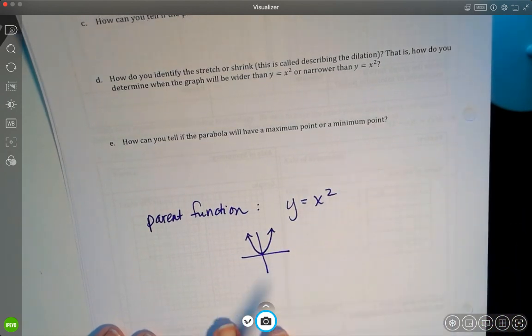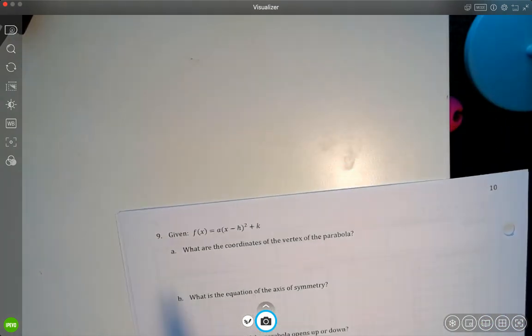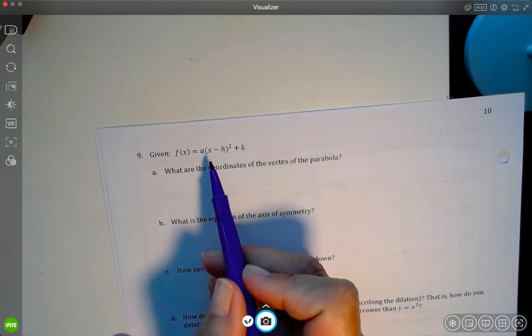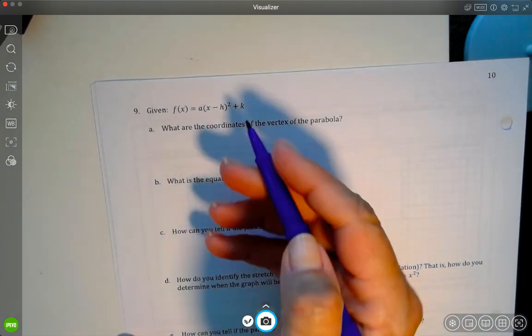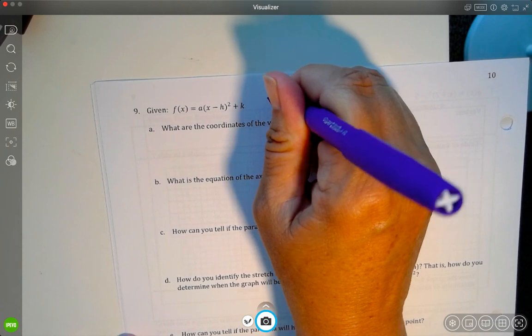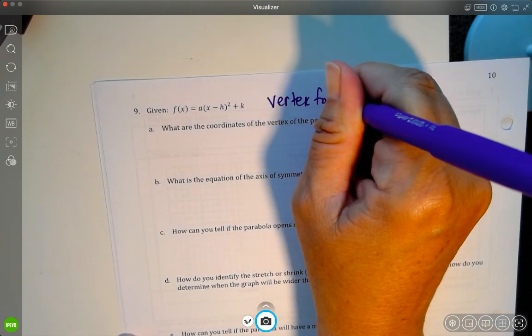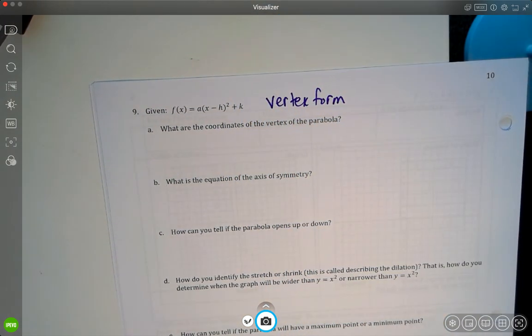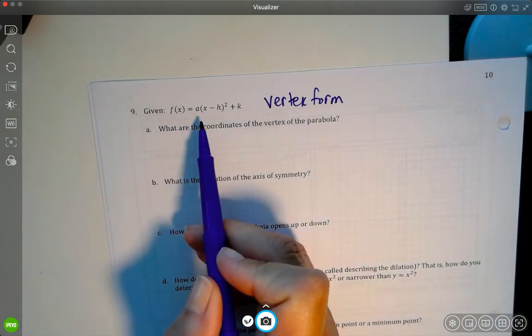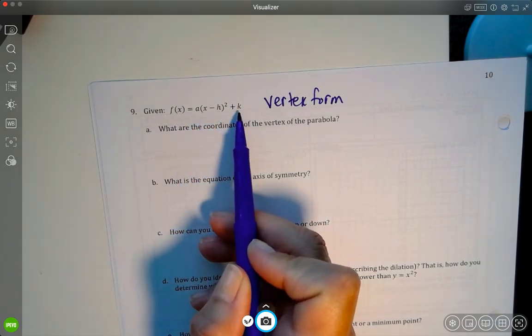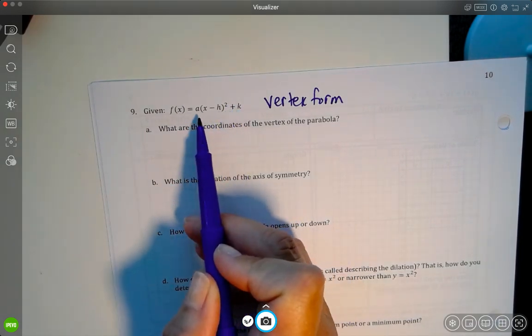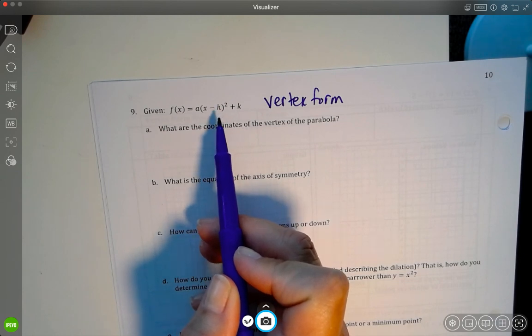Okay, so this equation is actually the vertex form of a quadratic. So each of these variables has a different role to play in how you're going to change the parent function.